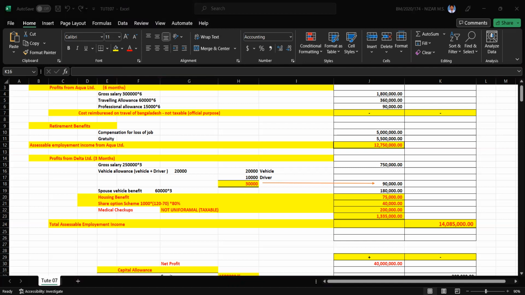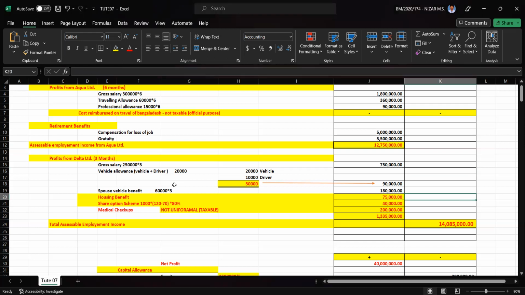There is a 3-month period, January to 31st March. So we compute only the 3-month portion when considering the assessable employment income. Monthly salary 250,000 times 3, 750,000. You can see here how I derived those things.